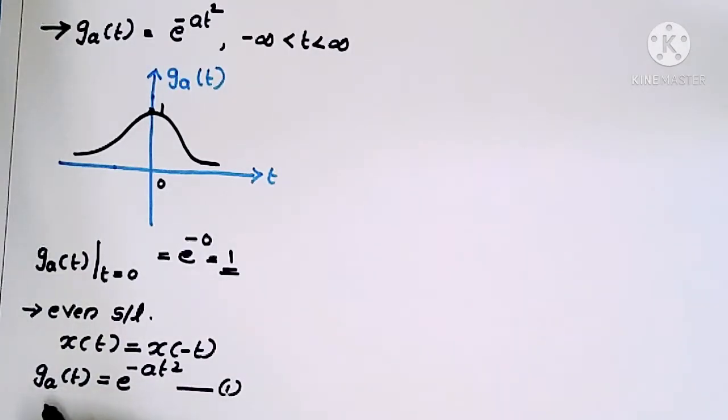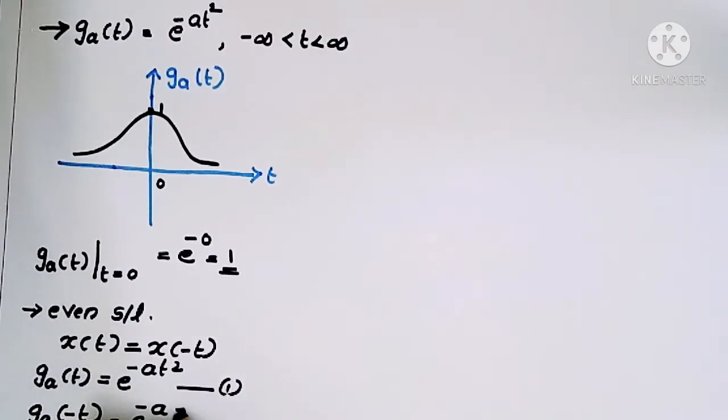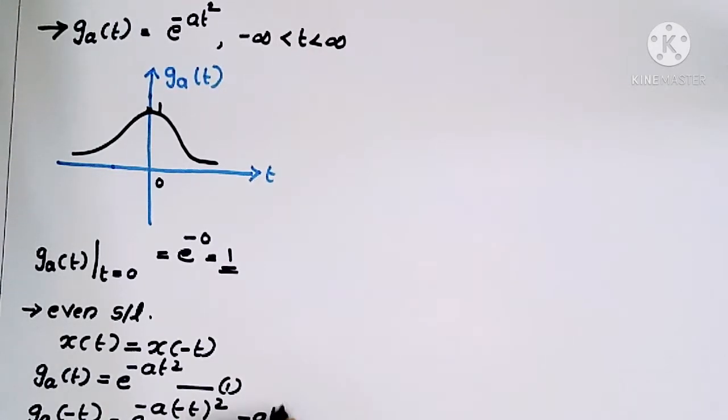Also here we can substitute minus t instead of t. So Ga of minus t is equal to e raised to minus a times minus t the whole square. Minus t the whole square becomes t square. So we can write e raised to minus a t square. This is equation number 2.